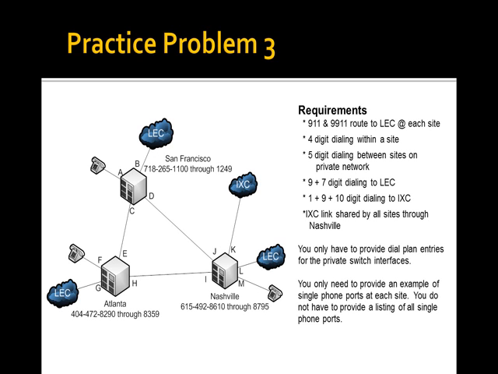So, since you're already using 9 to get out, 8. And then the four-digit template for another site. Okay, let's do Nashville first. So 8. What would my 4 digits be?